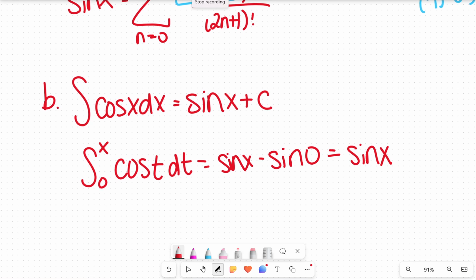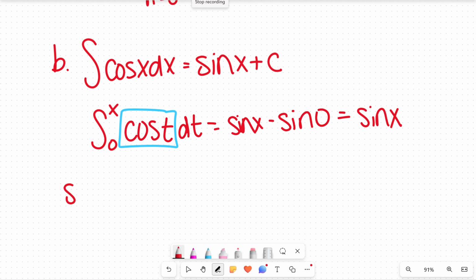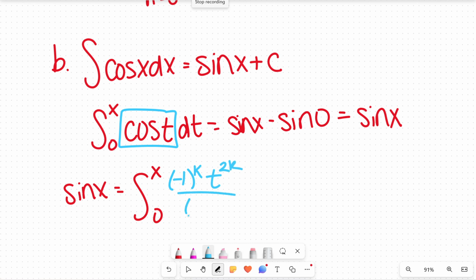So, and maybe you're noticing, I know what my integral of cosine is. That is given to me in my IB formula booklet. So I can say that sine x is equal to the integral from 0 to x. Instead of cosine, I'm going to replace this with negative 1 to the k power, t to the 2k power, over 2k factorial, and then I'm differentiating with respect to t.